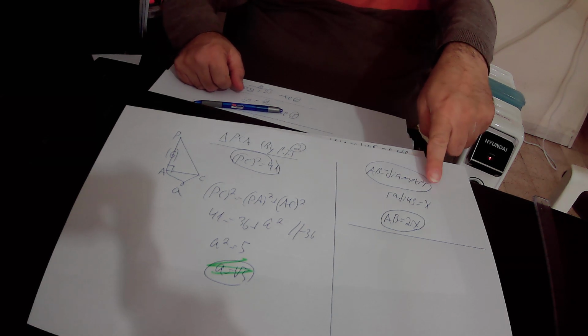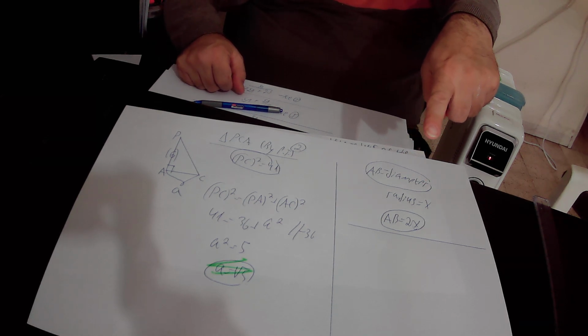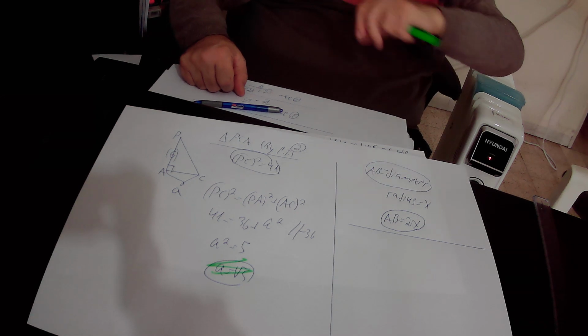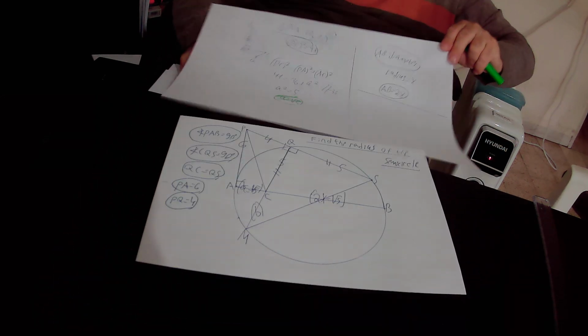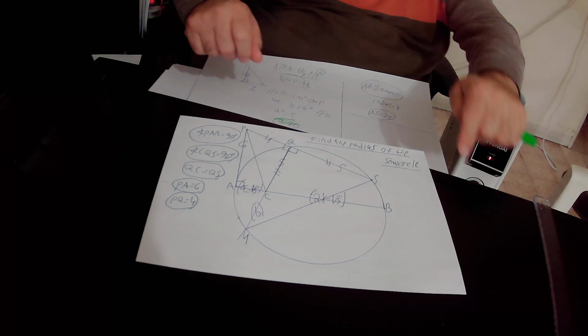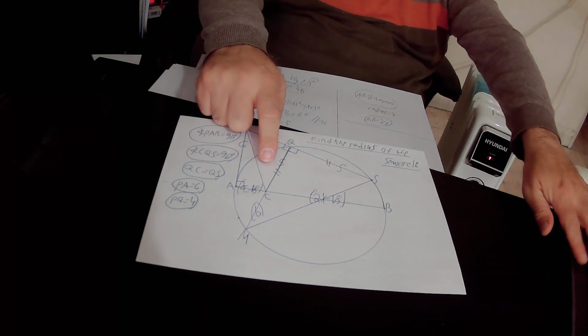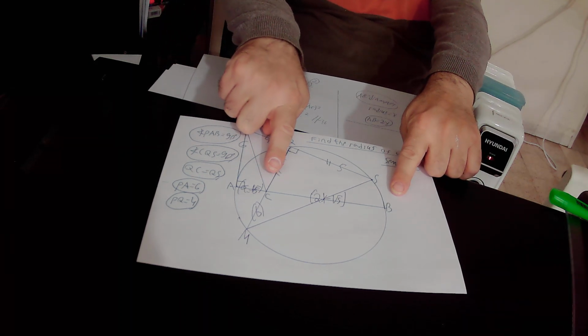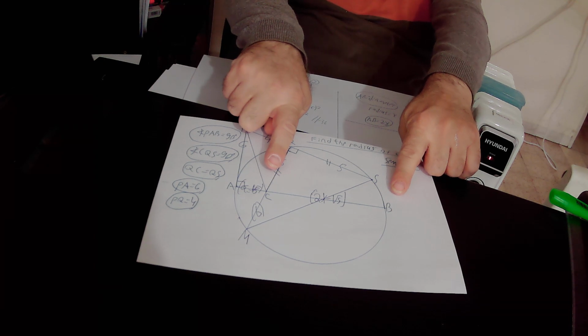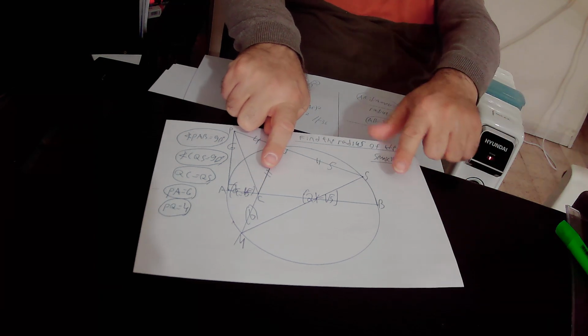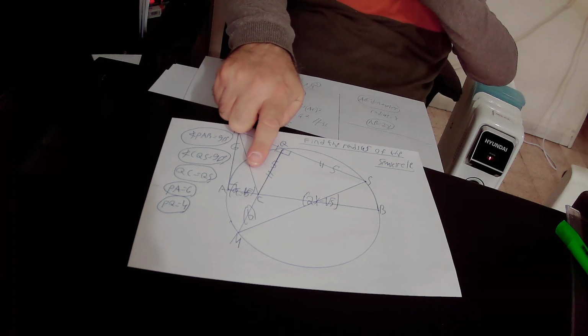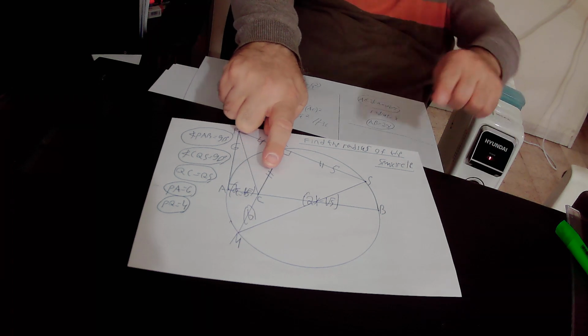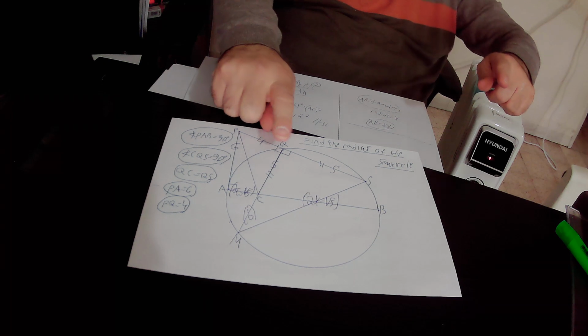We define the radius as x, therefore the diameter AB must be equal to 2x. So what is the length of side CB? CB equals AB minus AC. That is to say CB equals AB, that is 2x, minus AC, that is square root of 5. So in total, CB equals 2x minus square root of 5.